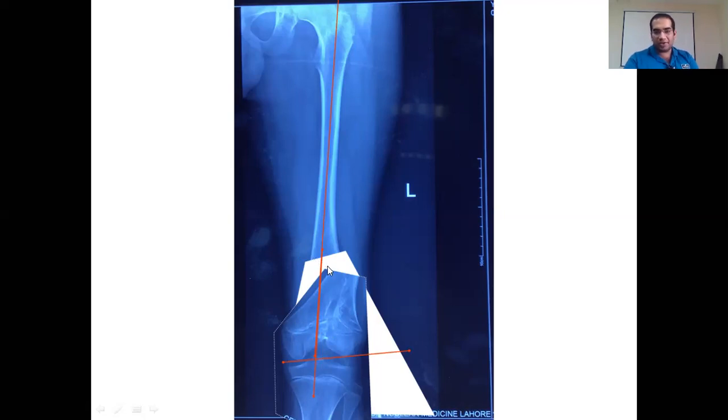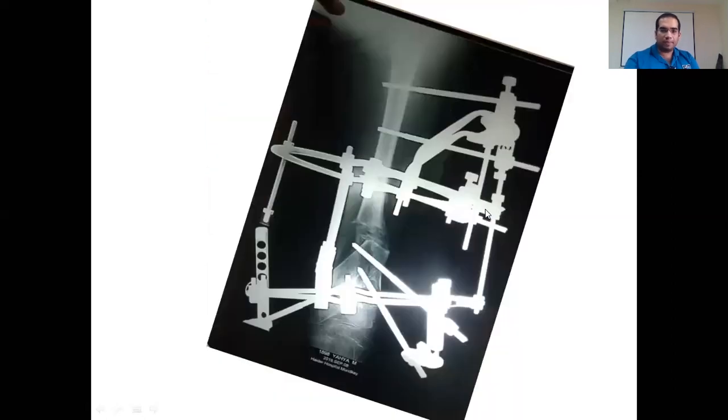You'll know when I discuss it. But as you can see, there is so much gap there. This was the pre-operative planning. The hinge was a bit medially placed along the angulation correction axis, and the end result was distraction, and all the gap which was created was filled by new bone.